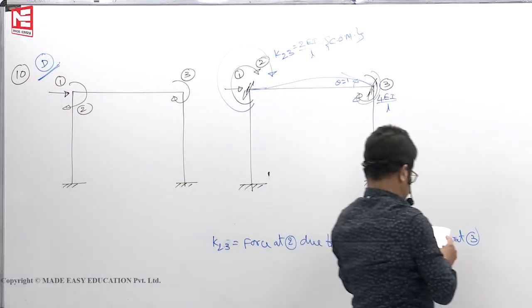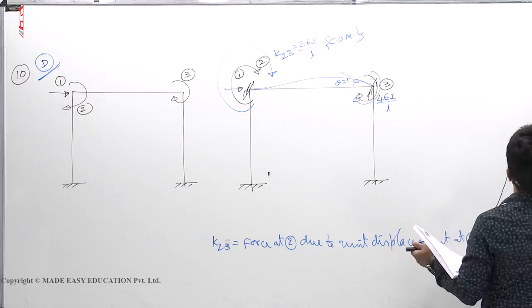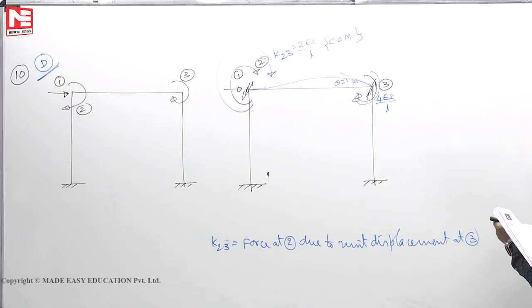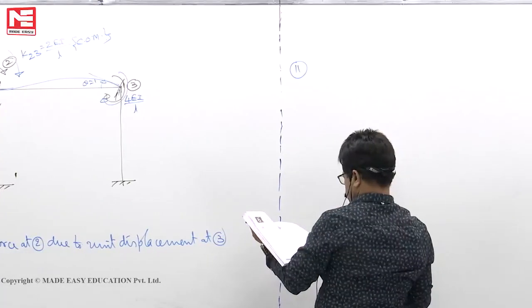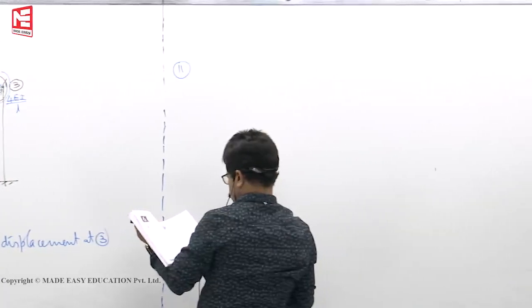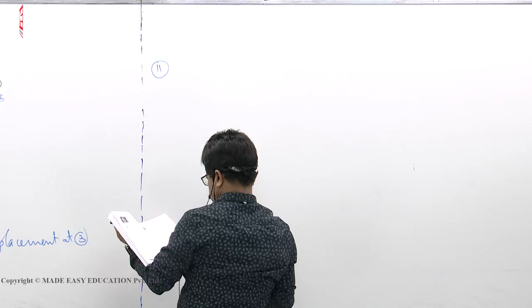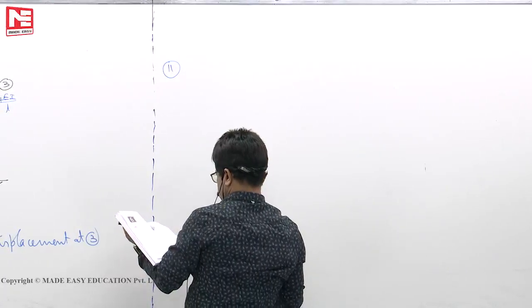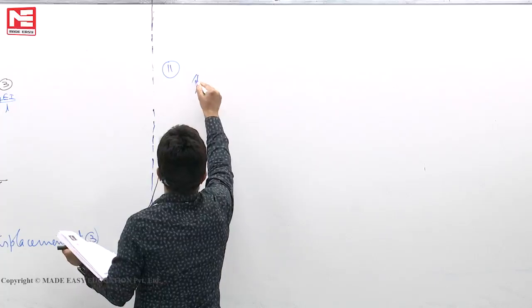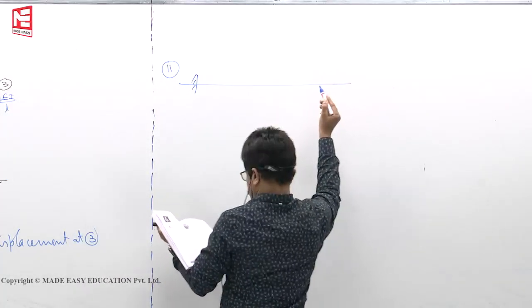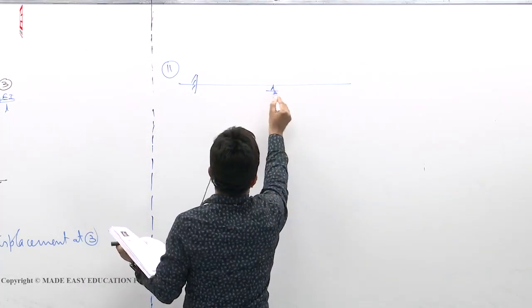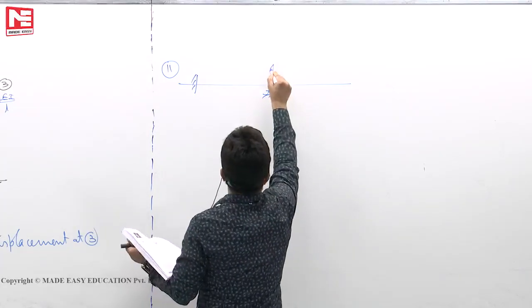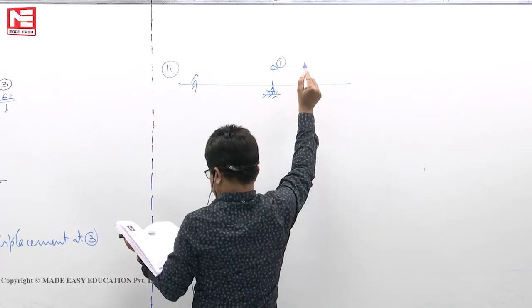Next, 11. Flexibility coefficient F12. This is the problem. This has given coordinate 1 for the reaction.